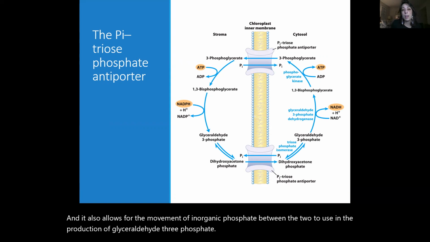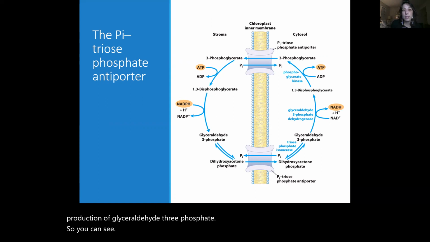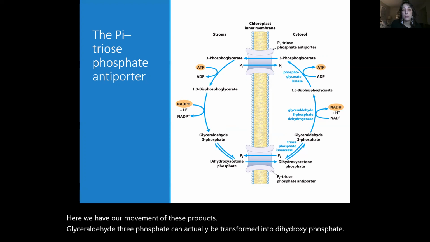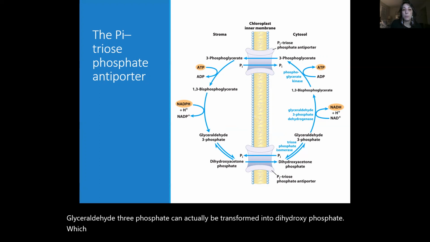So you can see here we have our movement of these products. Glyceraldehyde 3-phosphate can actually be transformed into dihydroxyacetone phosphate, which can move through from the stroma to the cytosol.